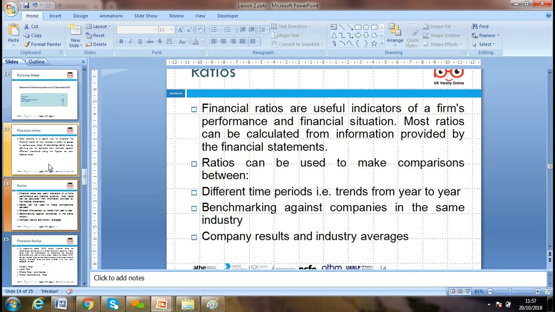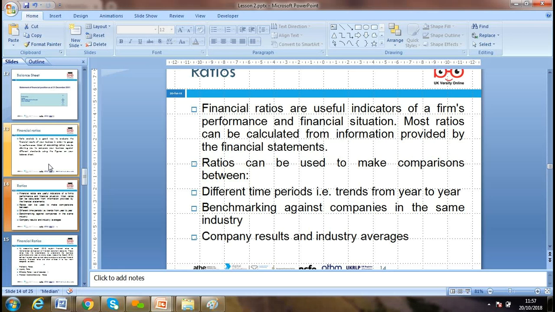Ratios can be used to make comparisons between different periods. Yes, last year, this year, but try 12 months. If you compare one year of 12 months with another year of 6 months, that's not a good comparison. In the same industry, like the food industry, you compare one company in the food industry with another company in the food industry, not with an oil company, because it's not a good comparison.